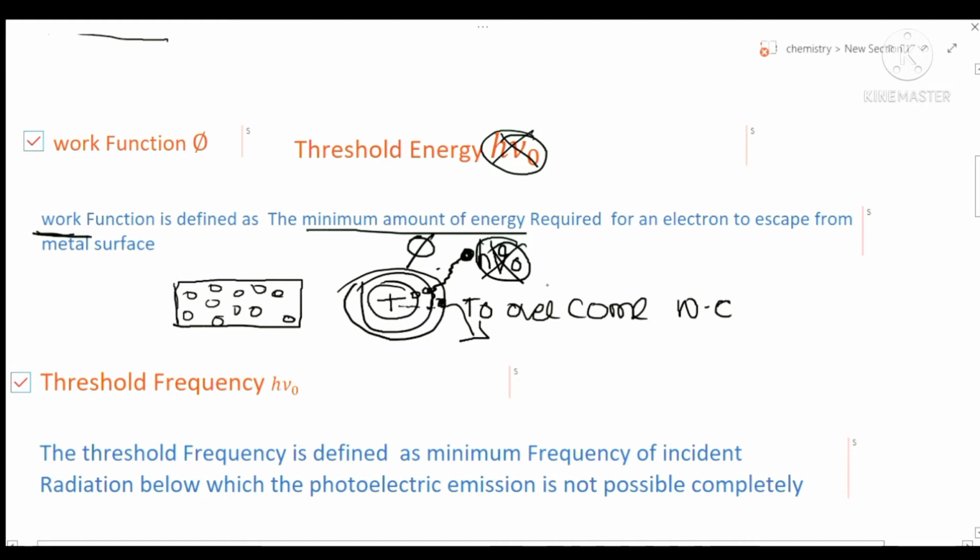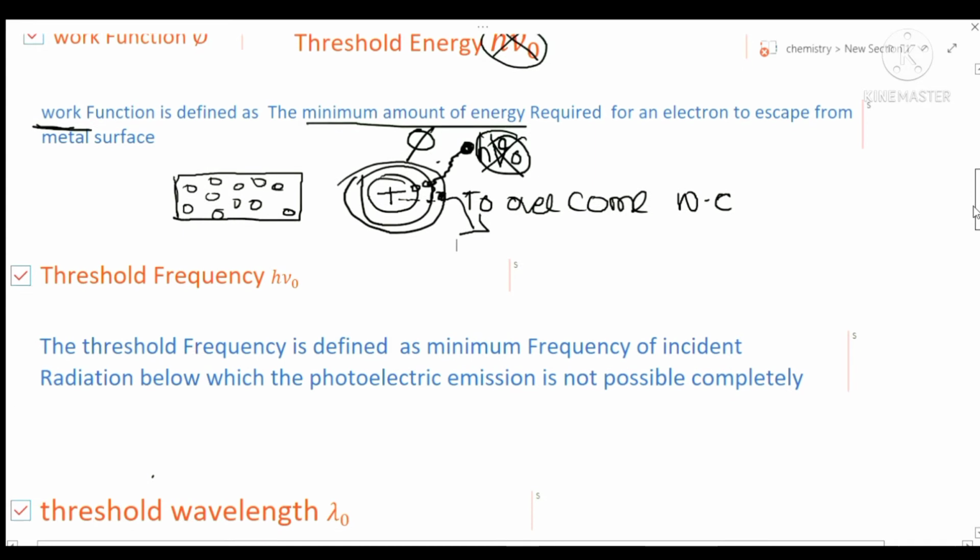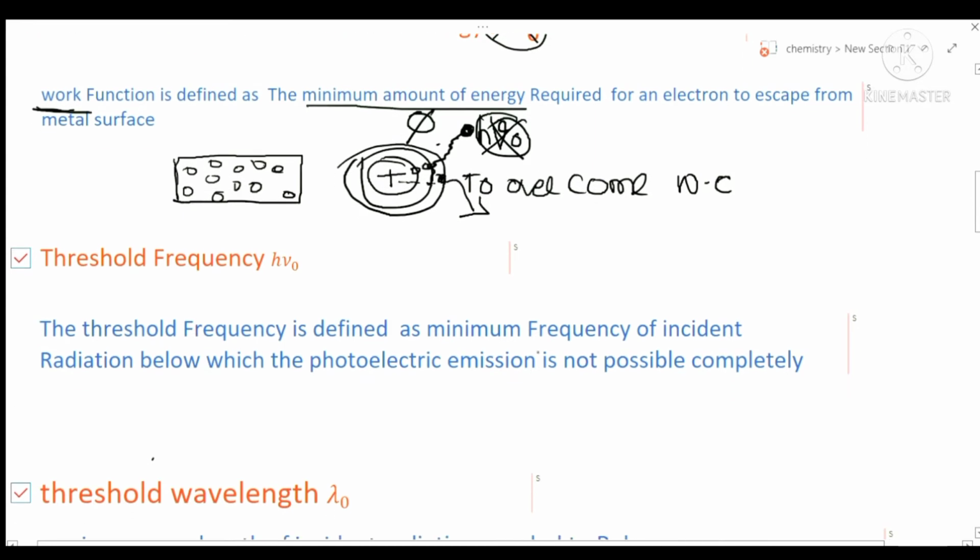For every element there is some minimum amount of energy. If you supply that amount of energy, only then will electrons come out. If you supply below that, electrons will not come out. That is called the work function.